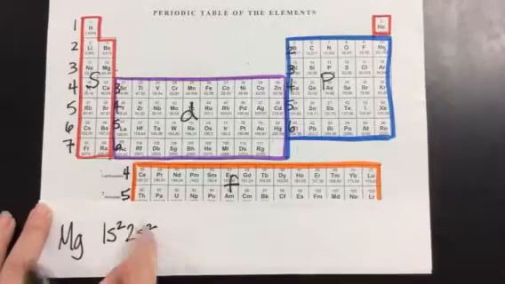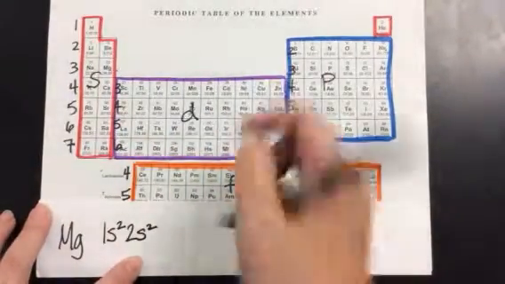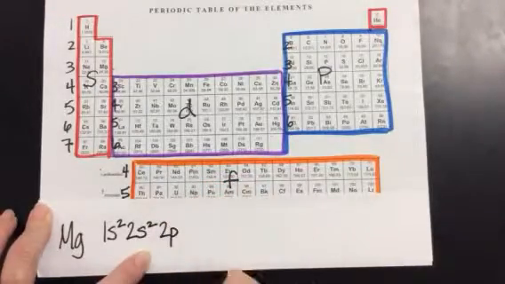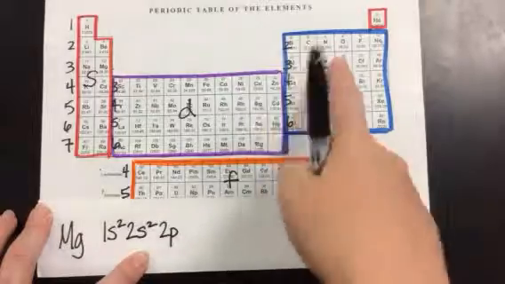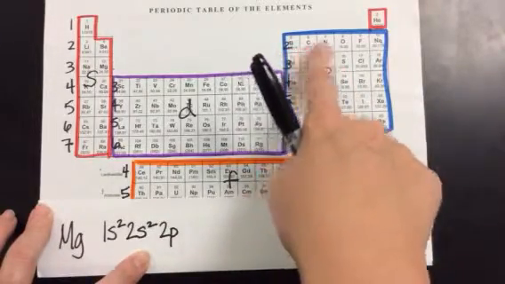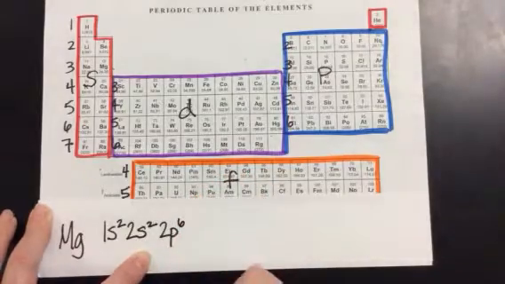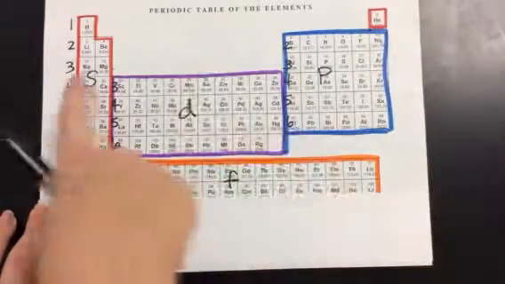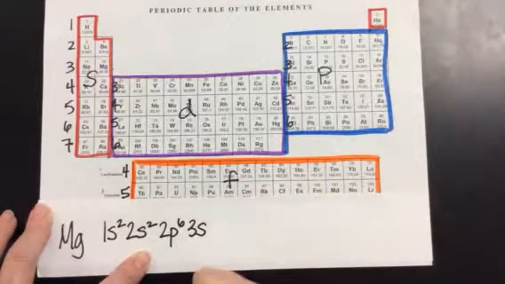Now after 2s, we cruise across here and we see the number 2, and this is the P block, so I write down 2p. There are 6 electrons that can fit in my 3 orbitals, but you can also count over 1, 2, 3, 4, 5, 6. So 2p6. After 2p6, I'm right here at 3, and I'm back in the S block.